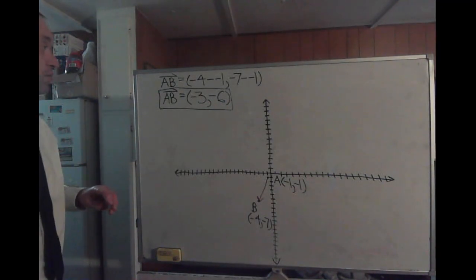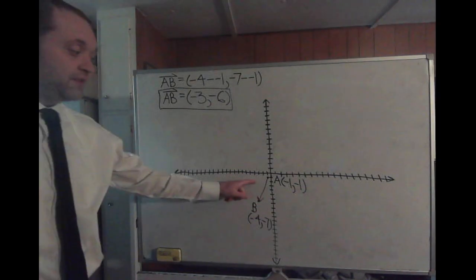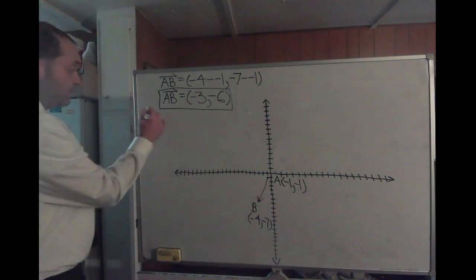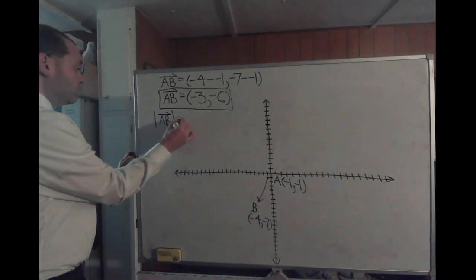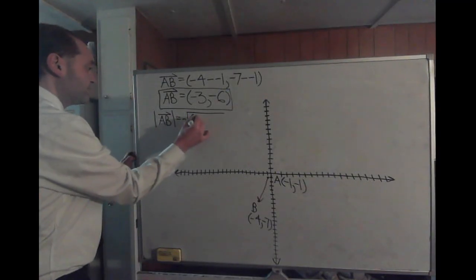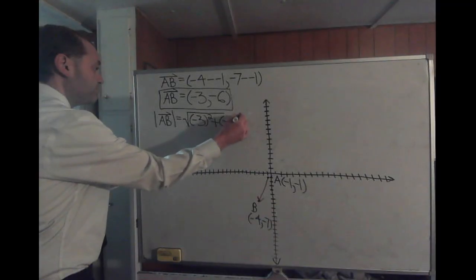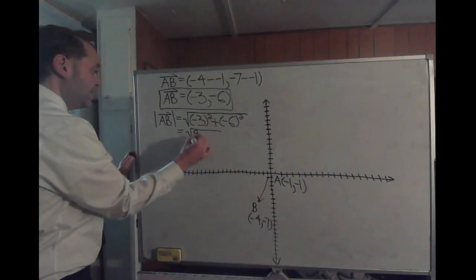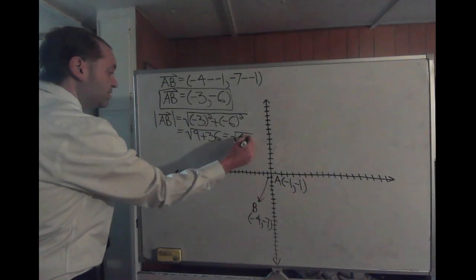Which means it's moving west 3 and south 6 units. So you could say this vector is moving southwest. Now we just need to find the magnitude of vector AB, which is the square root of -3 squared plus -6 squared, which gives you the square root of 9 plus 36, which equals the square root of 45.